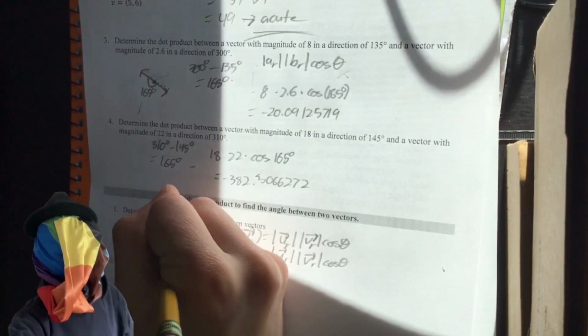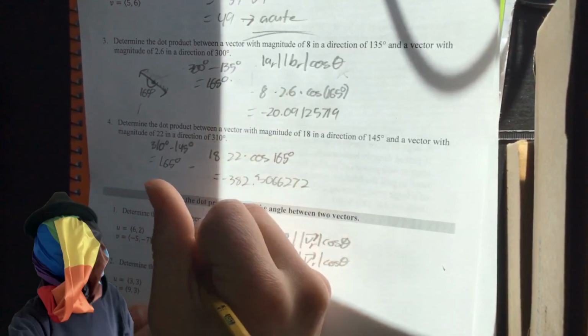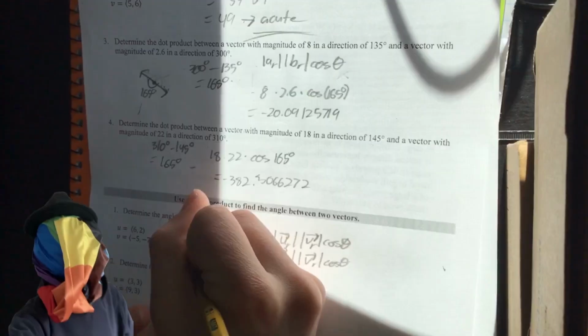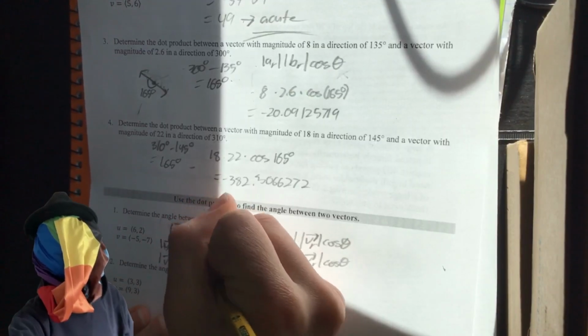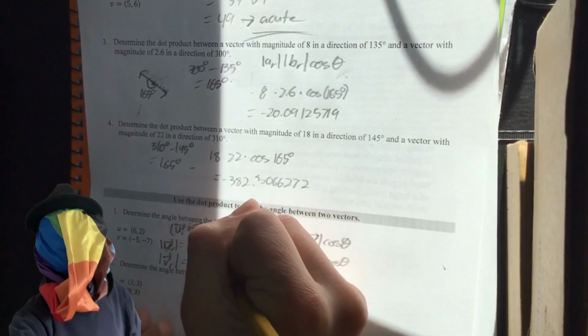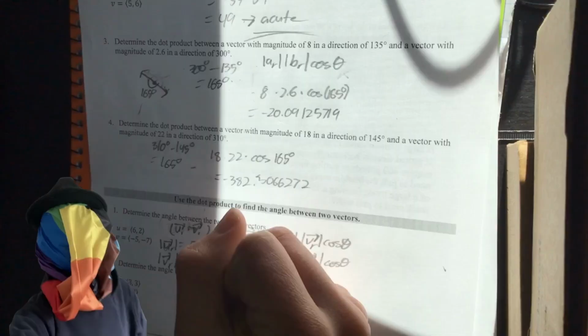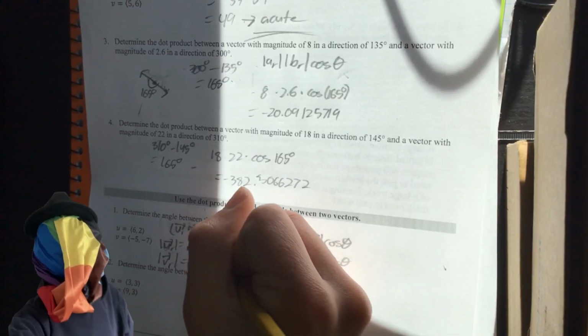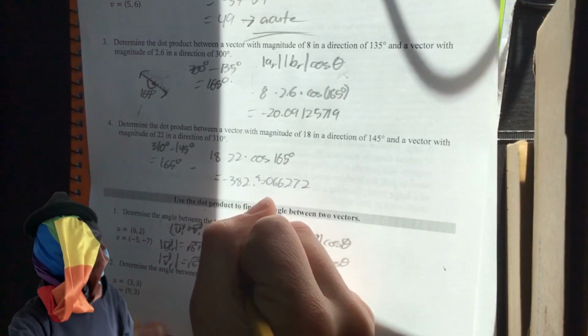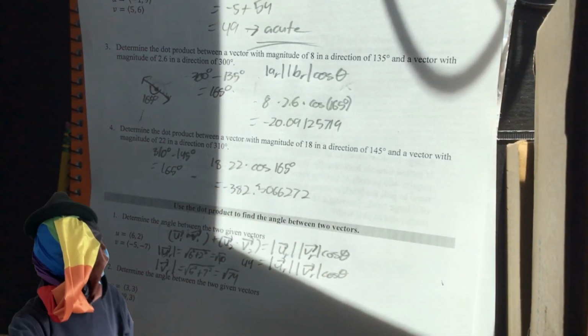Now, for v, we can just do square root of 5 squared plus 7 squared, which is 25 plus 49, which would equal 74. That's good. I'm gonna double check that because I'm tired. Yep, got that right.